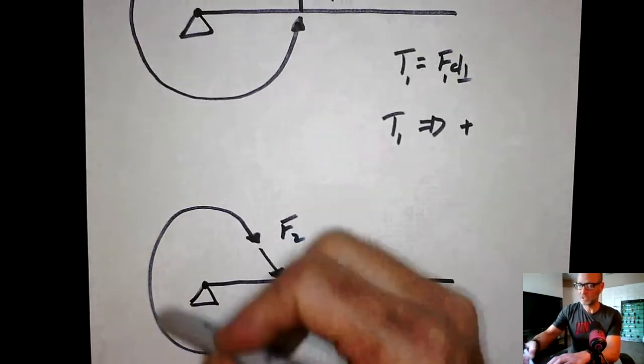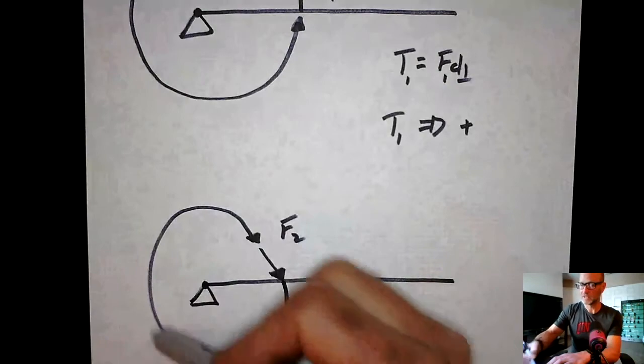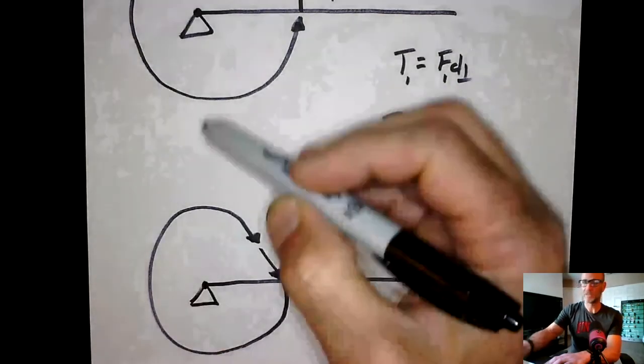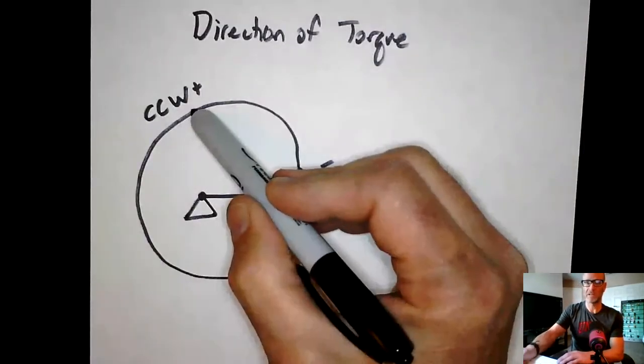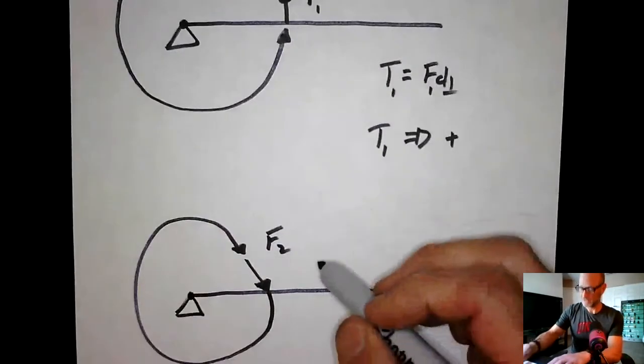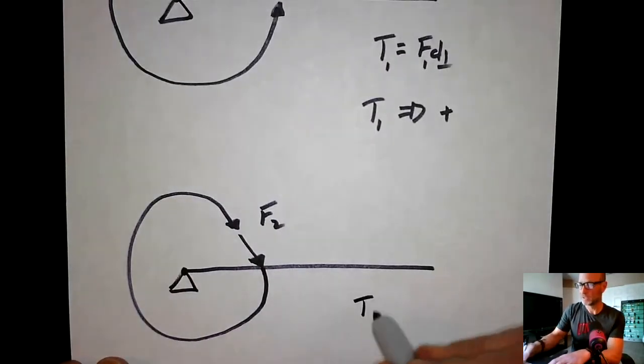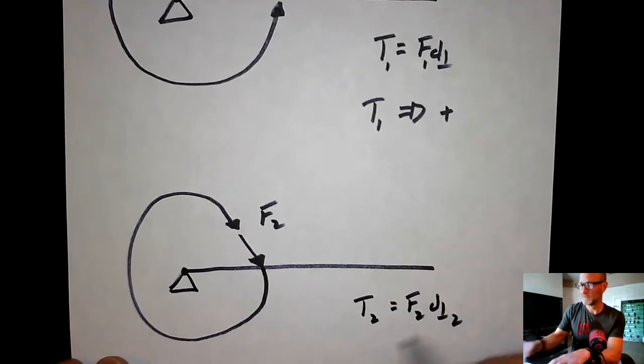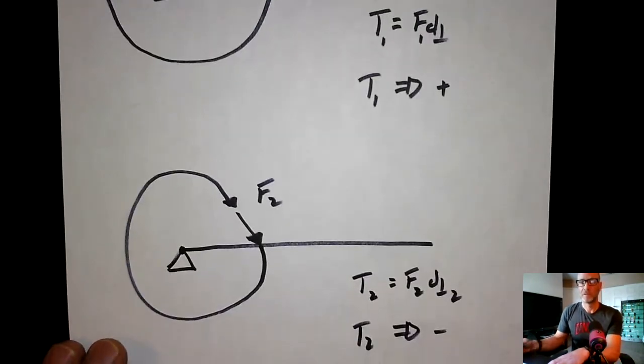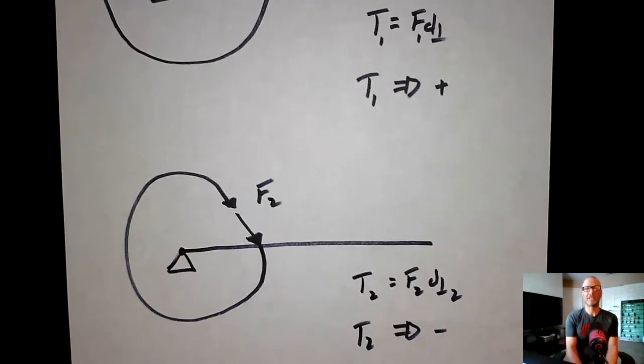In that case, that rotation is clockwise. Given our reference frame is counterclockwise is positive, that means a clockwise rotation will be negative. So T2 equals F2 d perpendicular 2, and it is a negative torque. The direction of the torque is simply telling us the tendency of the force to cause rotation in either the clockwise or the counterclockwise direction. That's all it is.